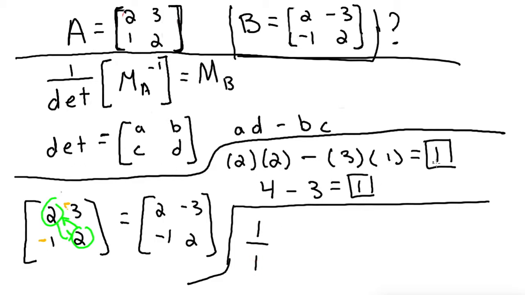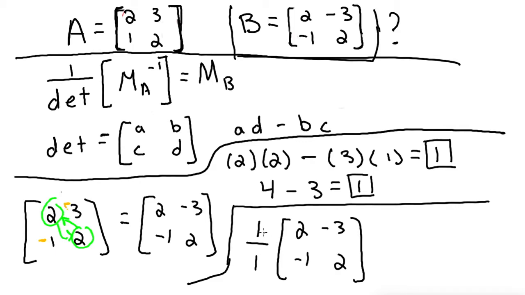Now the matrix A with negative 1, that's going to be this right here. So that's going to be a 2, a negative 3, a negative 1, and a 2. And then I'll have this 1 over 1 times this.